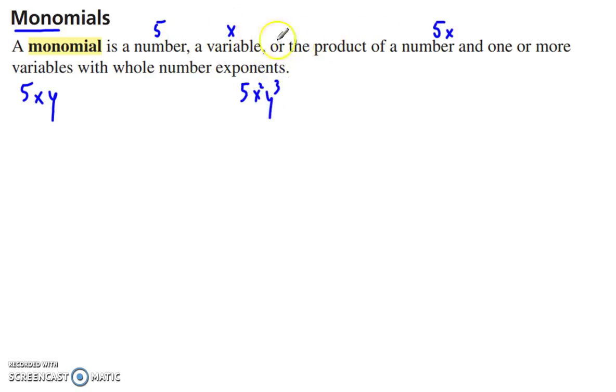All of these are monomials. Notice the only operation between any of them is multiplication. Okay, so that's a monomial. It could be a number, a variable, a number and a variable, or a number and multiple variables with exponents.